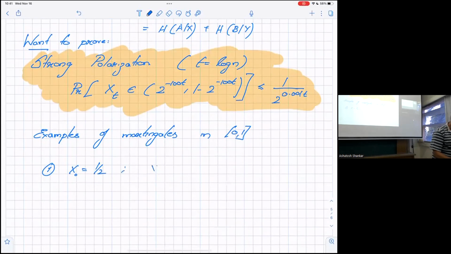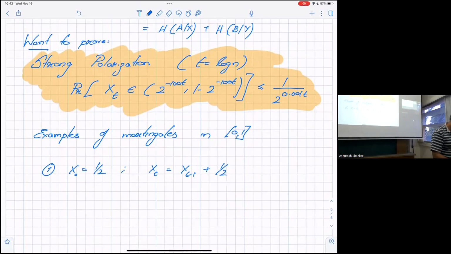Then at any Xt, you either add half. So X1 is, if you are at half, either you go to 1/4 or you go to 3/4. In general, this one is Xt minus 1 plus 1 by... what should it be?